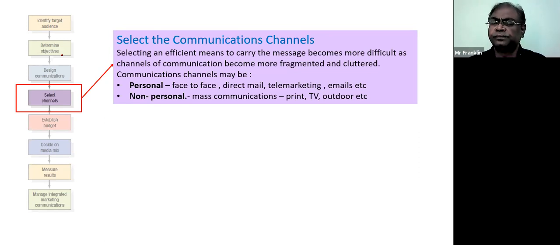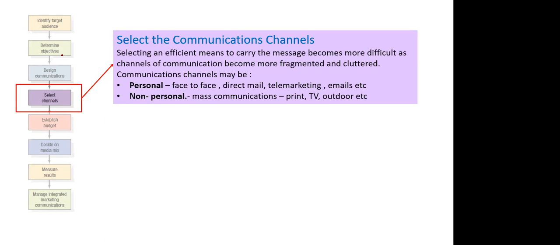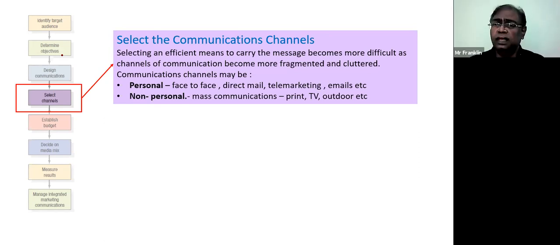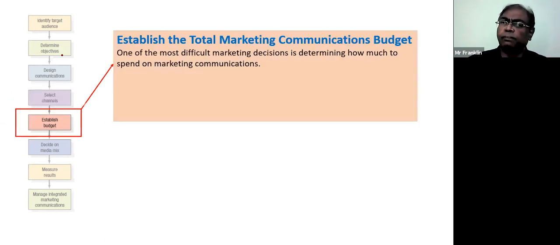No point, because you're wasting it, right? If only your customers are your target, I might as well get my telemarketing people to call them. Isn't that better? Or I send out emails to my customers with the statement, and put a special promotion there. So you design and select which communication channel you want to target. You can give examples like this when you're giving an answer. Then you establish a budget.